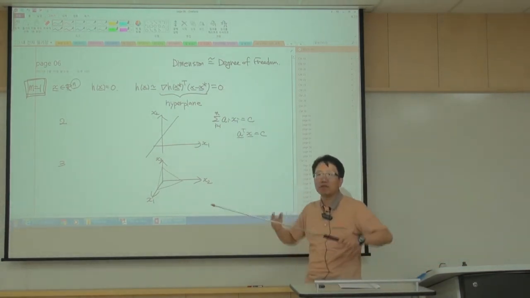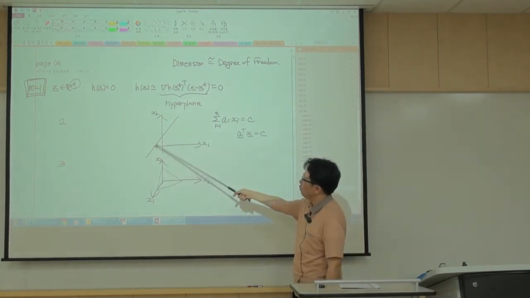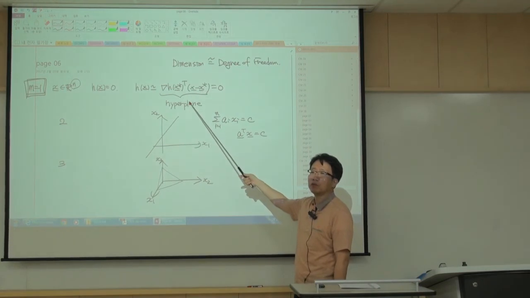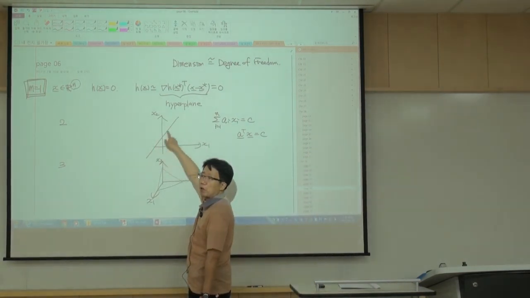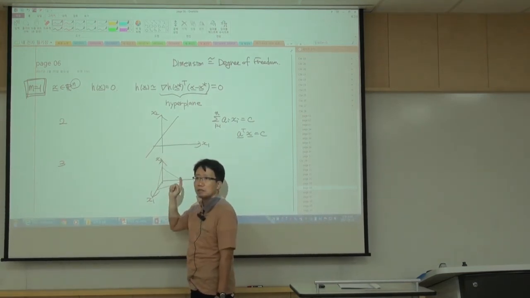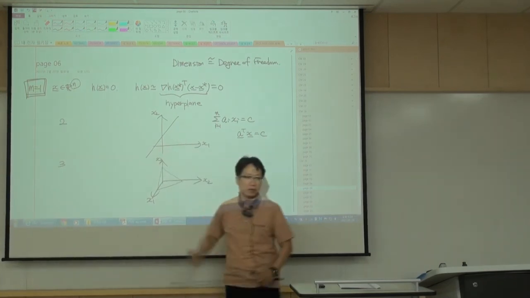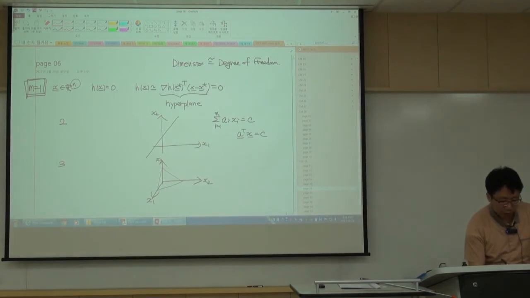You have some freedom. And how much freedom do you have? Now, if you can only live on this straight line, how much freedom do you have? Say, suppose this is 0. Then every point can be parameterized by a single parameter, the distance from this point. Am I right? So this straight line has degree of freedom or dimension 1. Am I right?